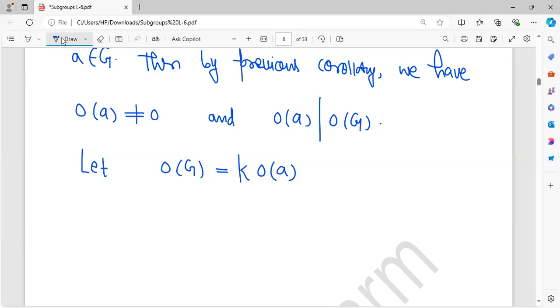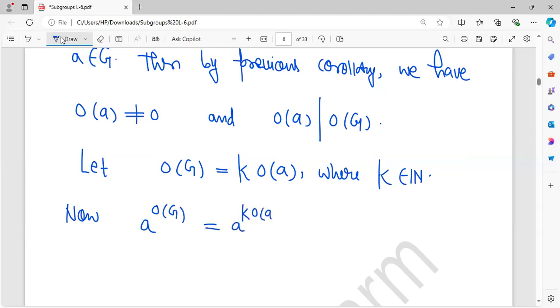Now a raised to the order of G, where k is a natural number, is equal to a raised to the power k times the order of a.